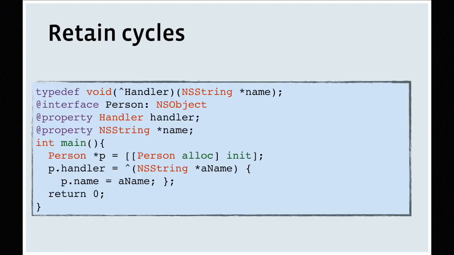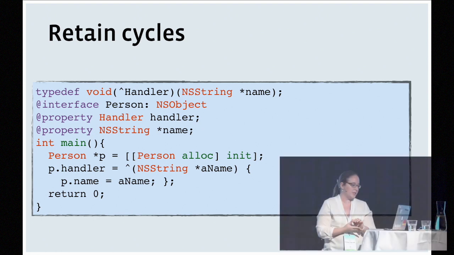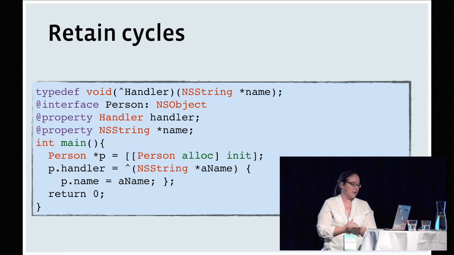And another thing that we find is retain cycles. In this example, there is a class Person that has a property handler and a property name, and then a method main where we create a new person, and then we set p.handler to be a block, and inside the block we set p.name to be a name.